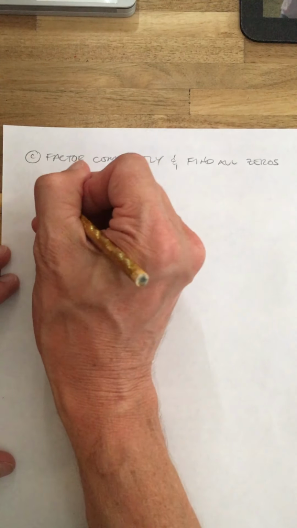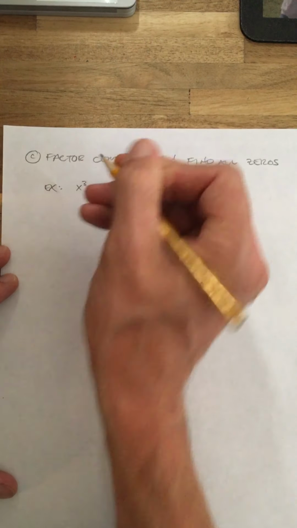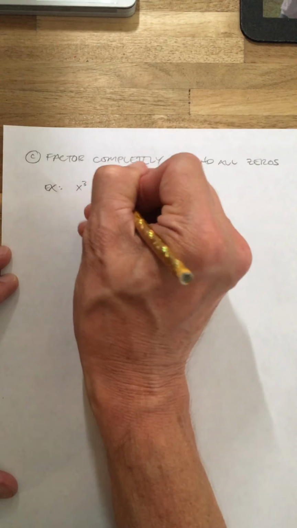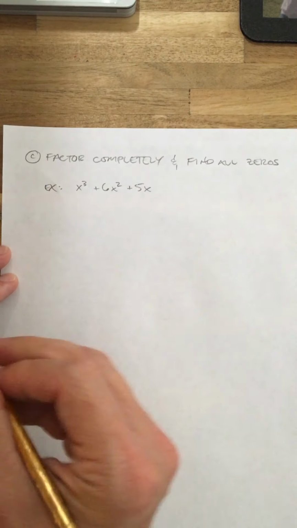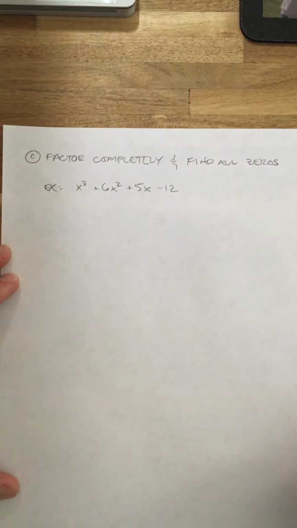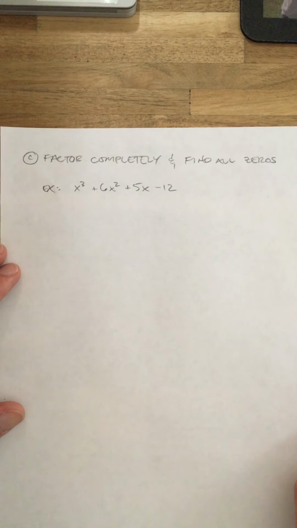So here's my example. My polynomial is x cubed plus 6x squared plus 5x minus 12. Have fun factoring that completely. Haha, I'm just joking. I'm going to show you where to start.